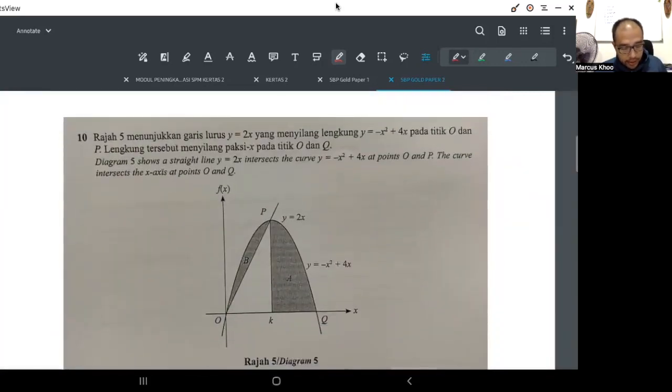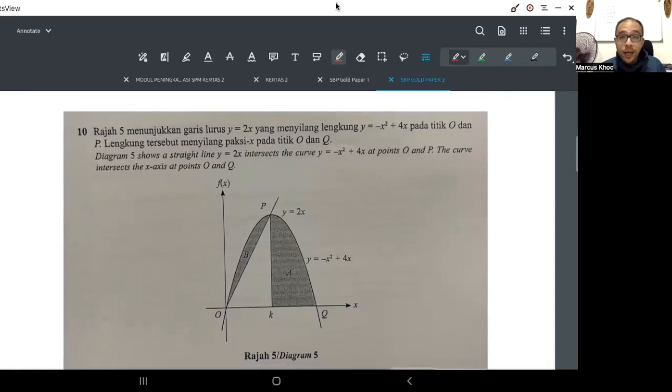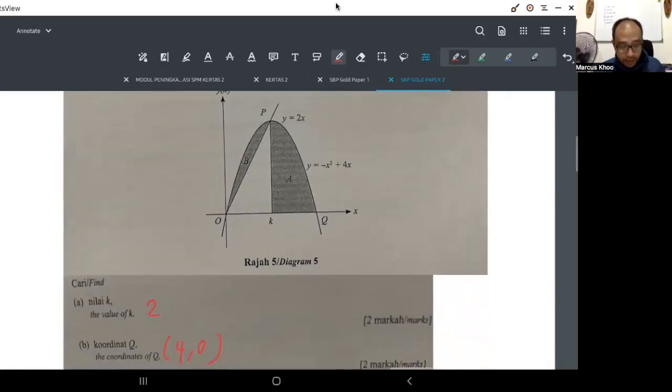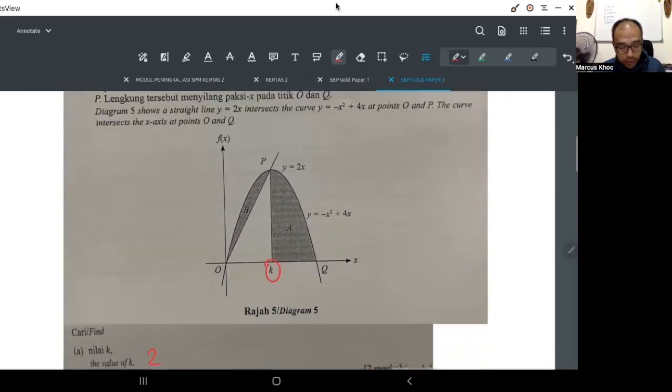Number 10. Diagram 5 shows a straight line y equals 2x intersecting the curve y equals negative x squared plus 4x at points O and P. Again, now we have these intersecting points. The two lines are intersecting, so we can find the value of k. How do we find k?